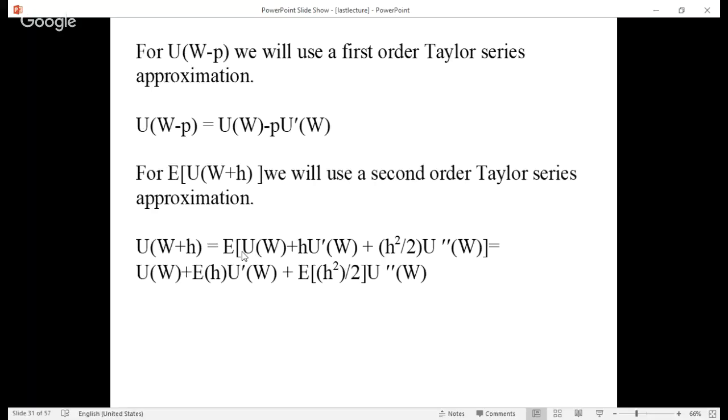The expected value of u of w we already know, so it's just u of w, and we know the derivatives of the utility function. What I don't know is h. Actually, we do know the expected value of h. I don't know the expected value of h squared, but we'll talk about that in a sec. So u of w plus expected value of h times u prime plus expected value of h squared over 2 times u double prime.